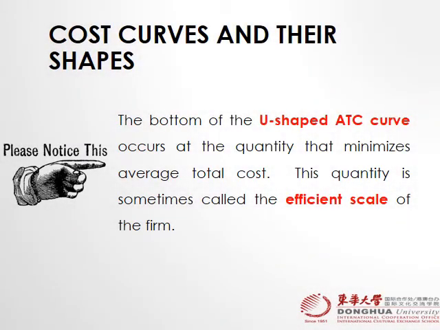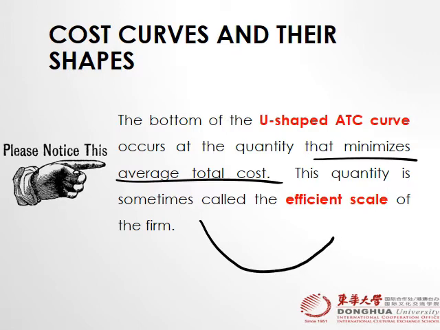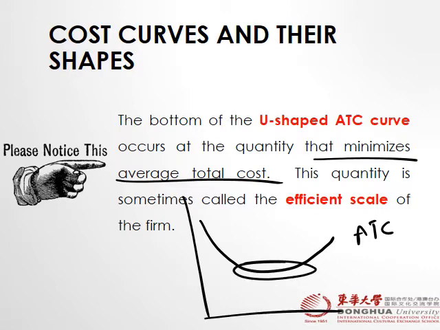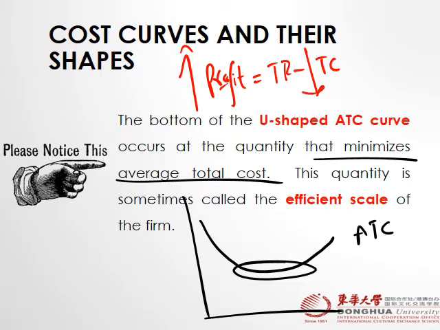Okay, the bottom of the U-shaped average total cost curve occurs at the quantity that minimizes the average total cost. So look at your curve, it is a U-shaped curve. Where the average total cost is minimum, that is the bottom. Remember our discussion regarding profit: we are going to increase our profit by decreasing the cost. So here we are achieving our target.